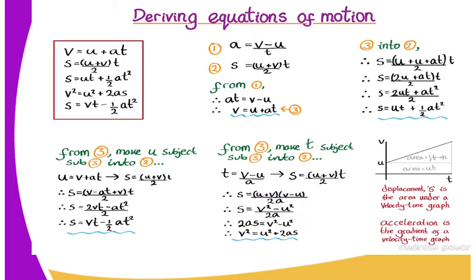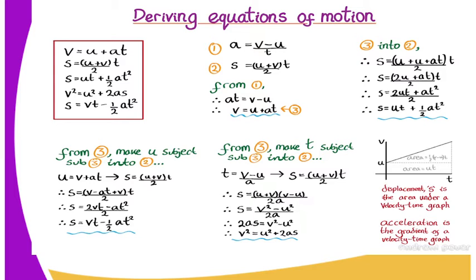Displacement s is given by (v + u)/2 times (v - u)/a, which is (v² - uv + uv - u²)/2a. That comes to 2as = v² - u². Therefore, the equation comes as v² = u² + 2as.